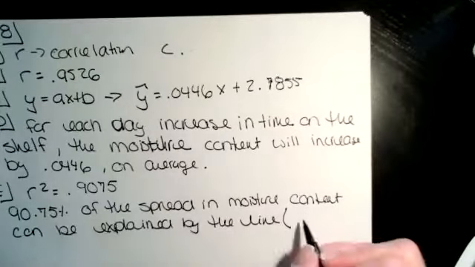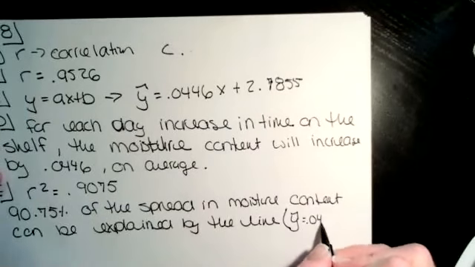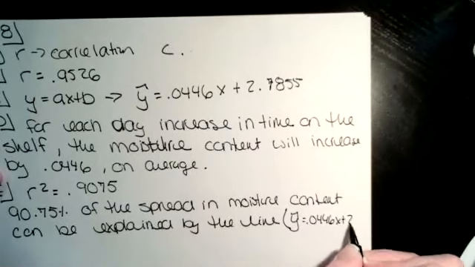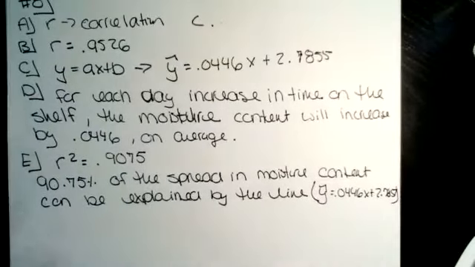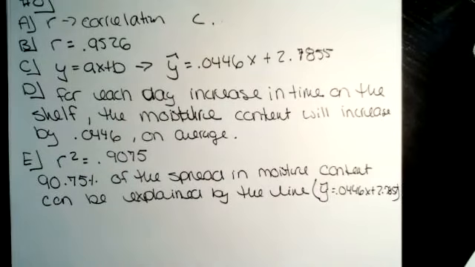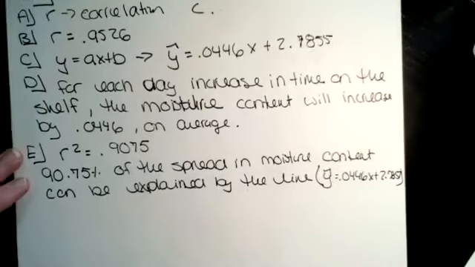You can even put it in here if you want. Right there, okay? So you can put the equation right in there if you want. That's my definition of my R squared and the meaning.